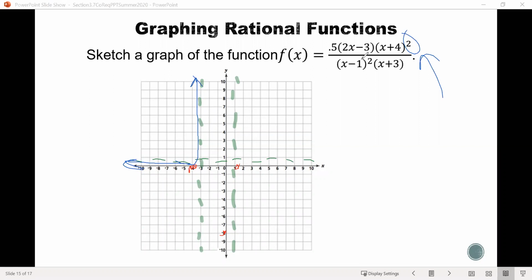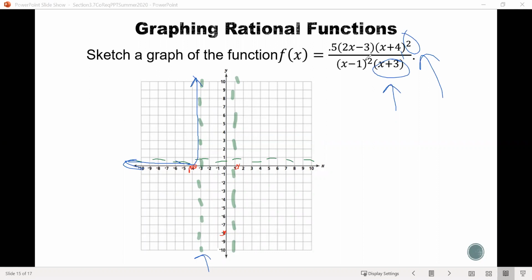Now, to figure out what happens next, we're going to work from our vertical intercept down below. And we note, first of all, that this vertical asymptote, this x equals -3, comes from this x plus 3 term here, which is raised to the first power.